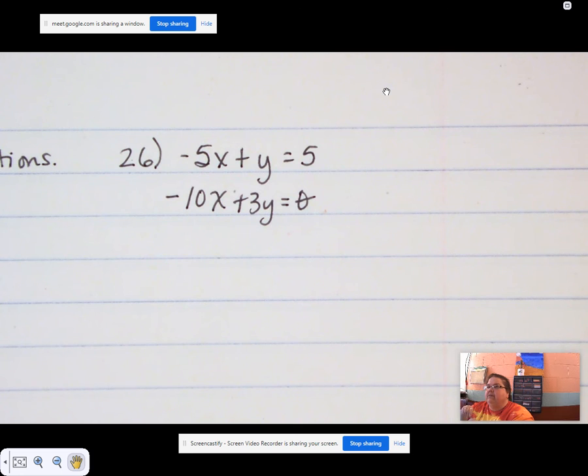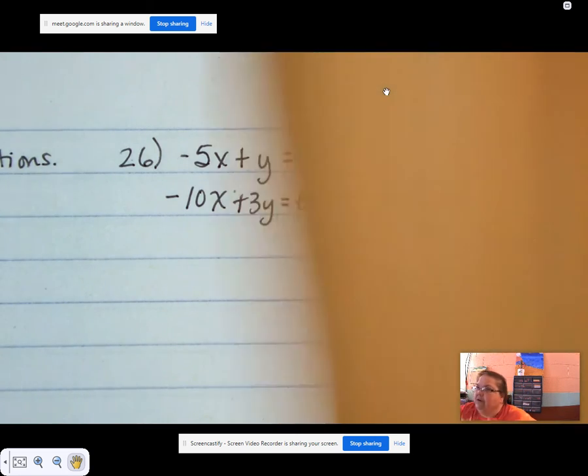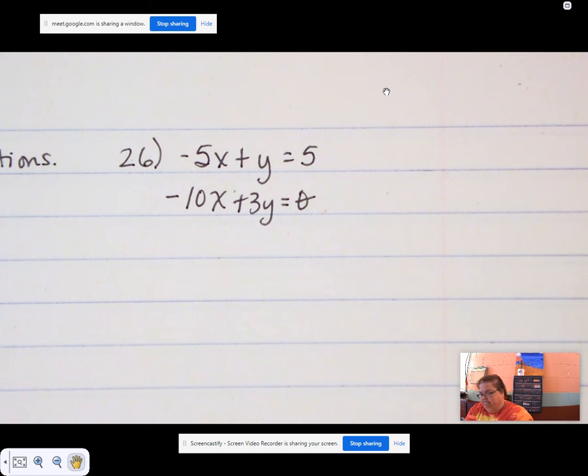Will either one of them immediately make a 0? Yes or no? -5x minus 10x, does that equal 0? No. Y plus 3y, does that equal 0? No. So we're going to have to make one of them, we're going to force it.